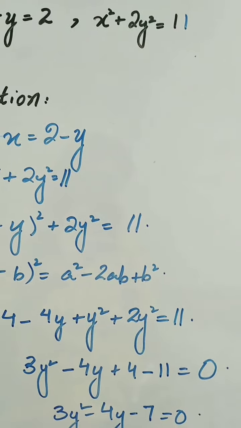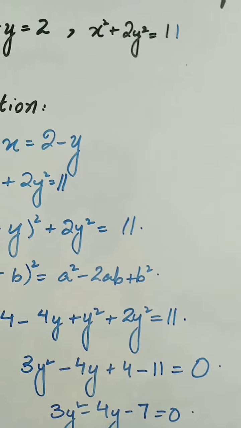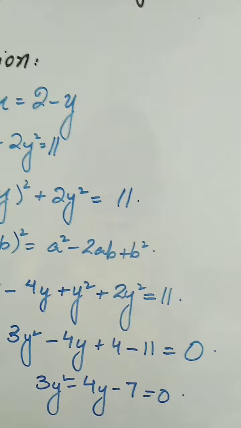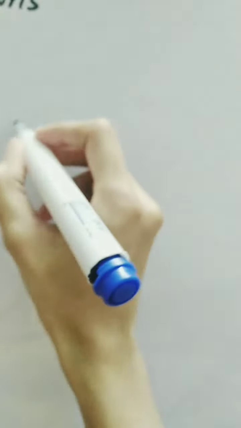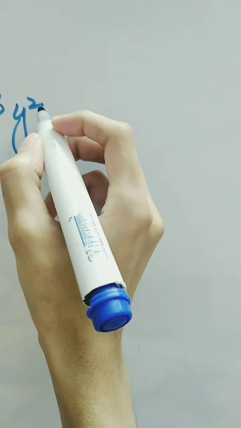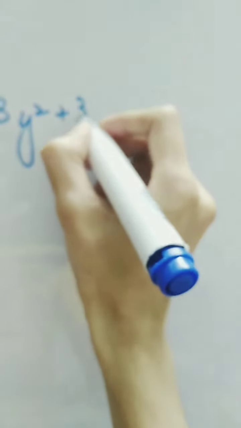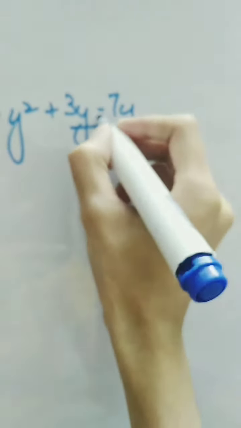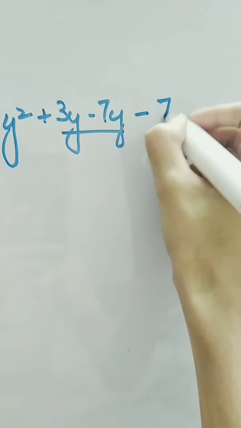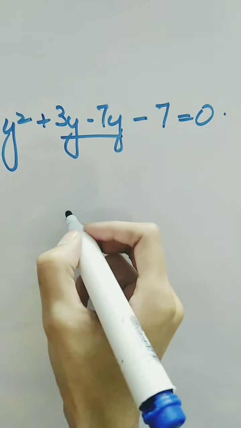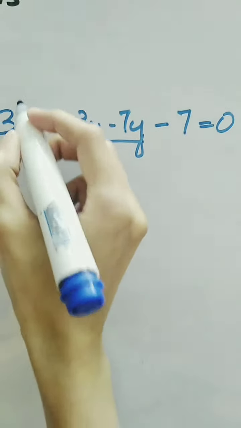Now we are going to factorize this equation in order to get the value of y. We can break this minus 4y into plus 3y minus 7y, as this is equal to minus 4 minus 7 is equal to 0. Now we take the common from these two and these two.